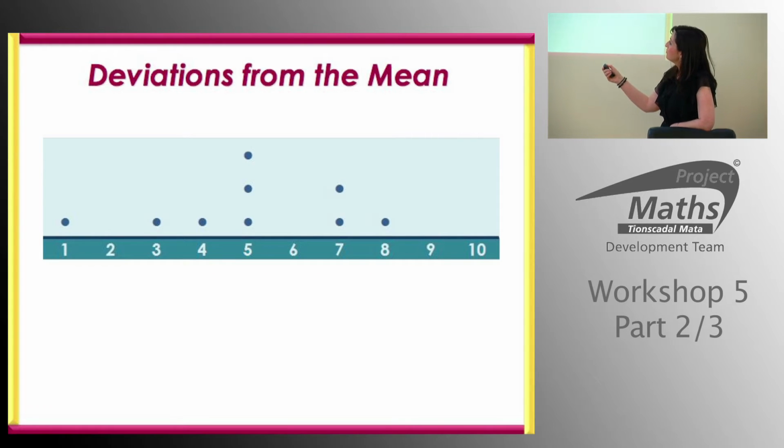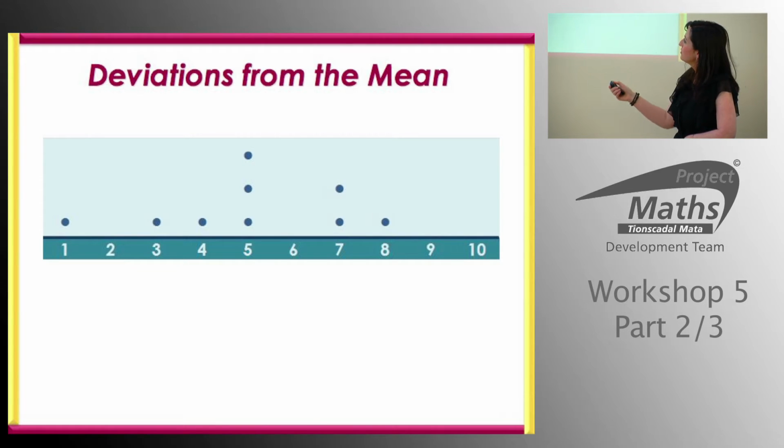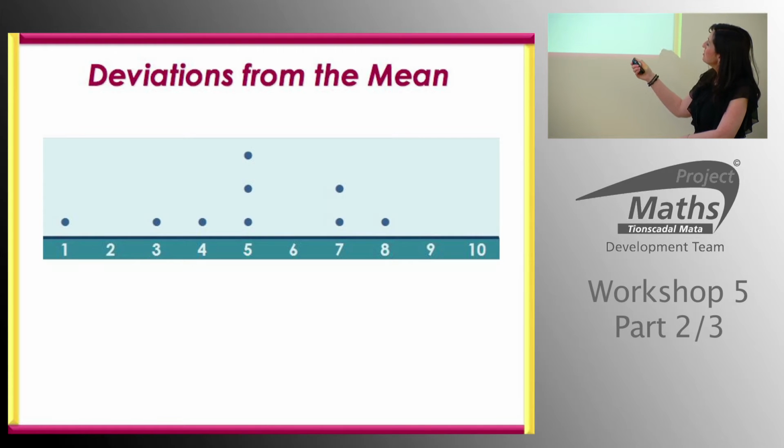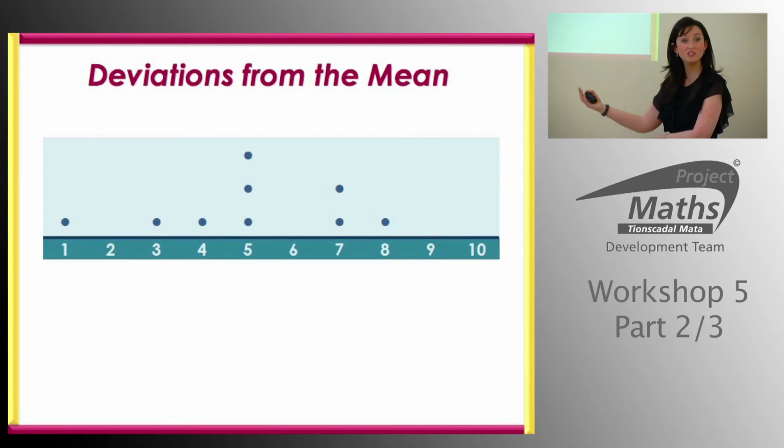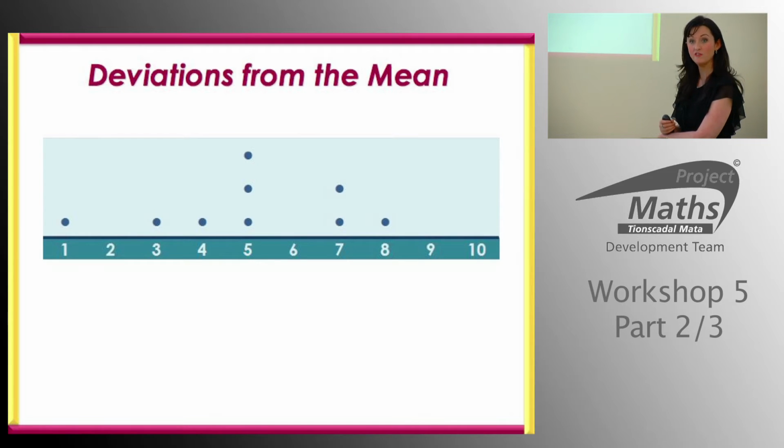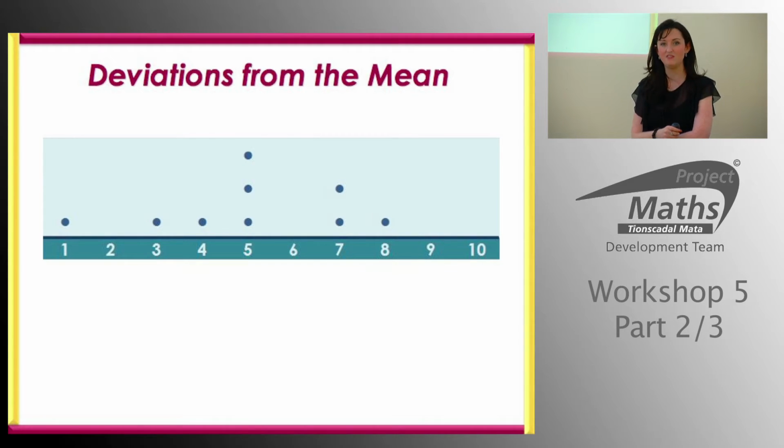The deviation from the mean of 5 for this one is -1. These groups of 7 deviate 2 jumps in the other direction, they're 2 bigger, so that's a +2 deviation. And this grouping of 8 is a +3 deviation.